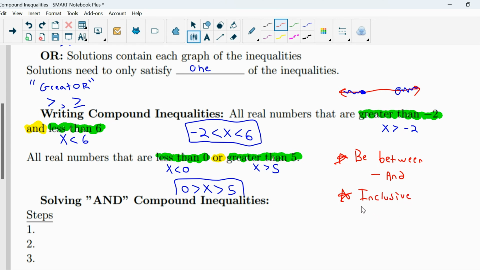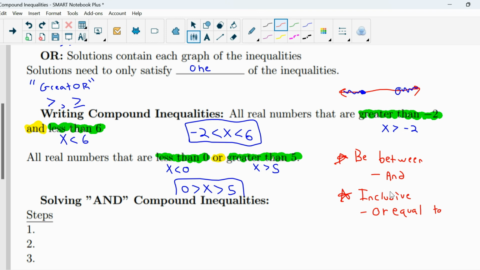Okay? This tells us or equal to. So if you see inclusive, know that we're going to have to use our greater than or less than or equal to symbols. And if you see between, know that we're working with an AND compound inequality.